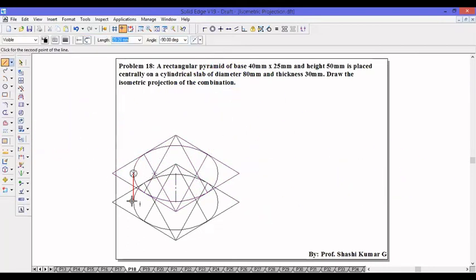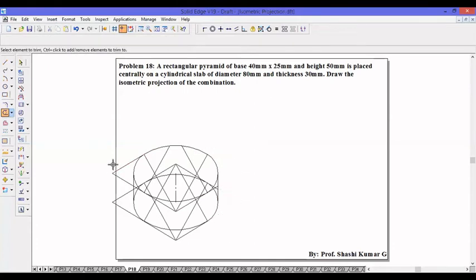Draw a tangent line. The line should be a continuous line. This line also a continuous line. Trim the unwanted edges, but don't trim the arc that you constructed.